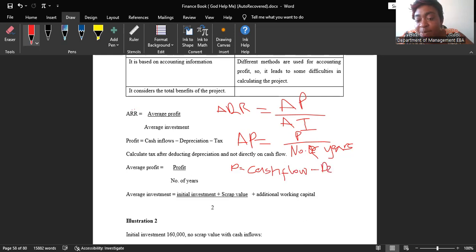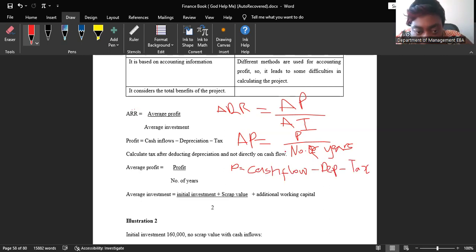Depreciation is an expense, and it helps us reduce the tax. Then minus tax. So we get all the cash flows from the investment, subtract our depreciation, calculate our tax on it, and subtract it, and we get the profit. The number of years is mostly given in the question.